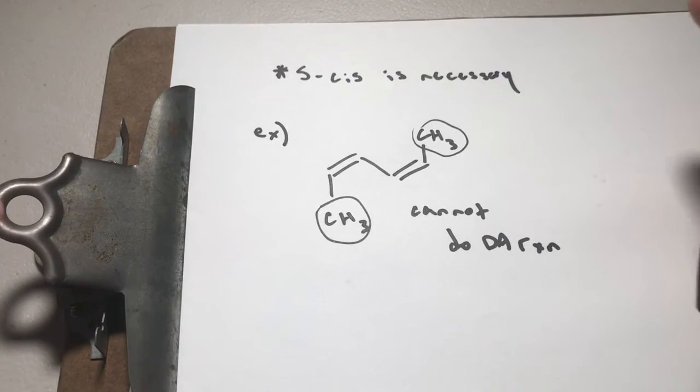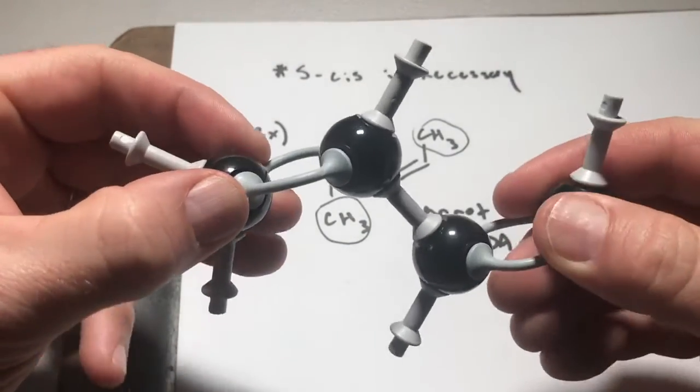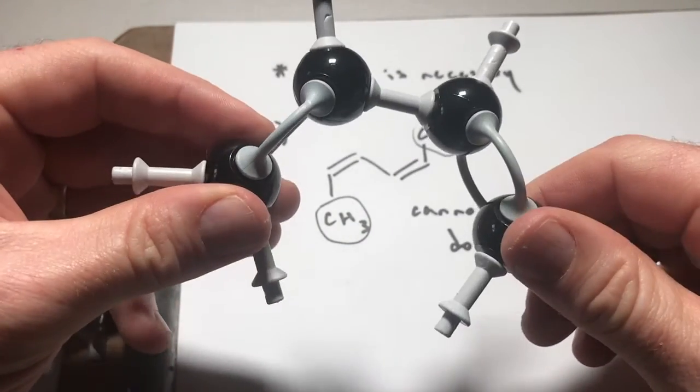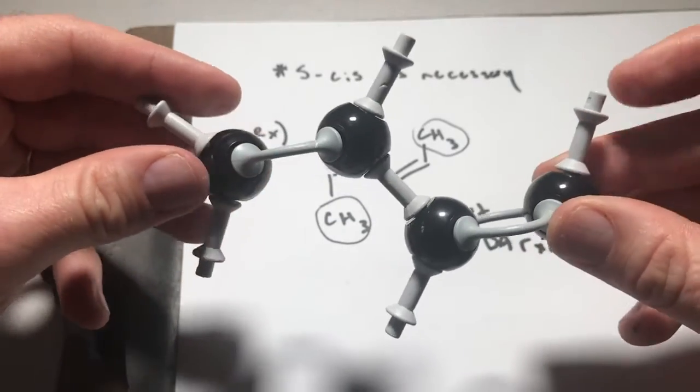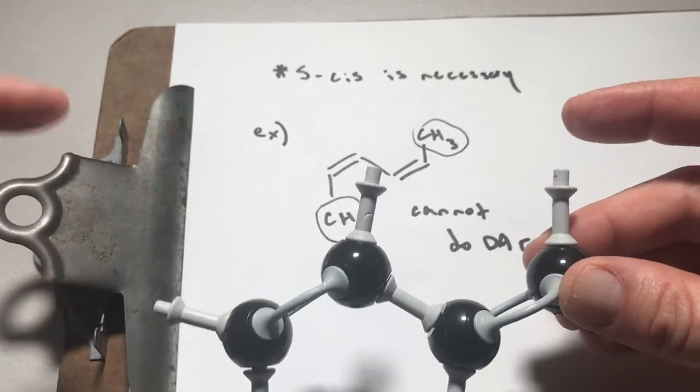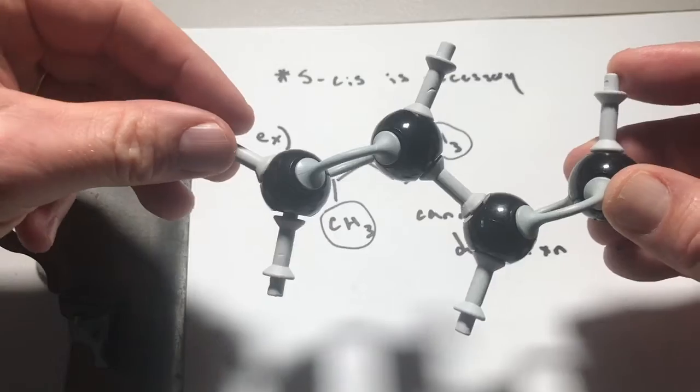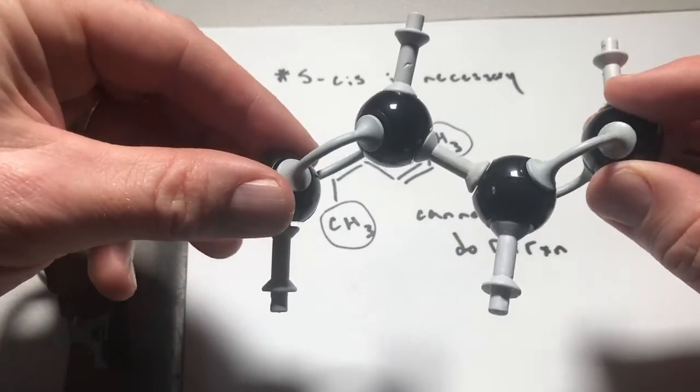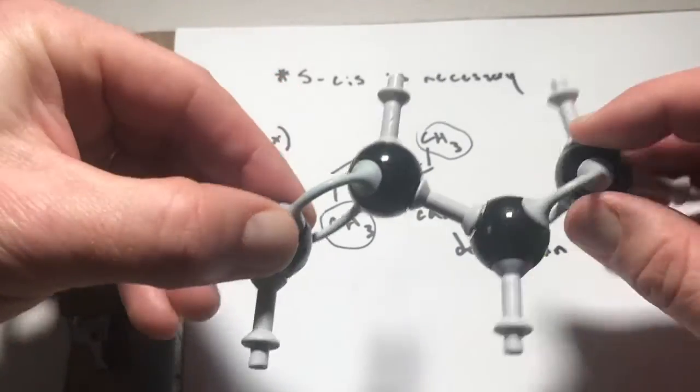Another thing that can sometimes happen, which I don't necessarily have to draw, but we can just talk about it, is another way that I could keep this S-cis form from forming: if I did something crazy like make a ring out here that holds these sides together, so that it's really, really hard for this thing to move down.